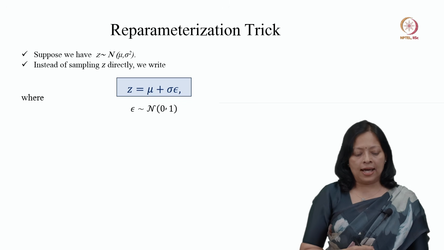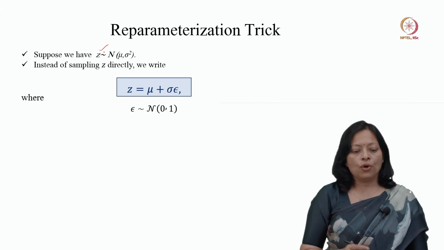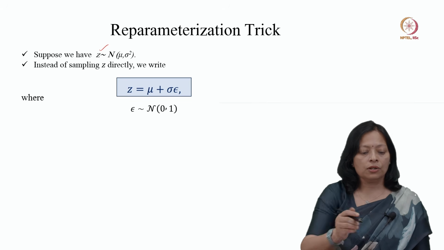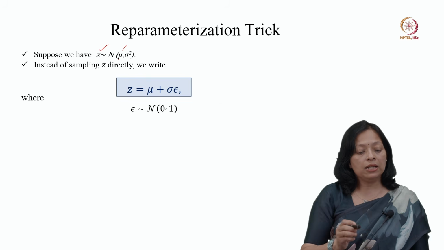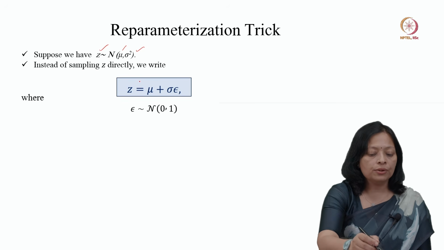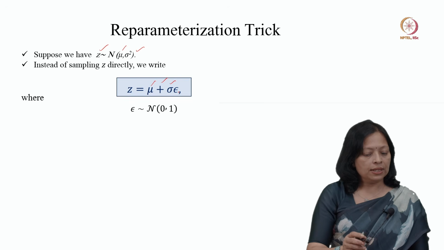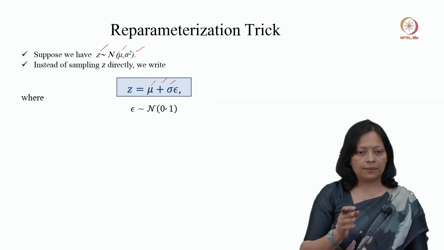Now, suppose we have Z which is sampled from a Gaussian with mean mu and variance sigma square, then instead of sampling Z directly, we can write Z equal to mu plus sigma into epsilon. Okay. This is exactly what we were doing in the previous step also.